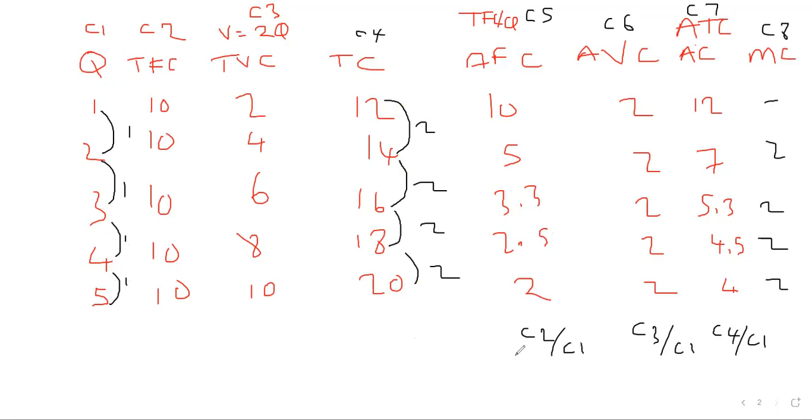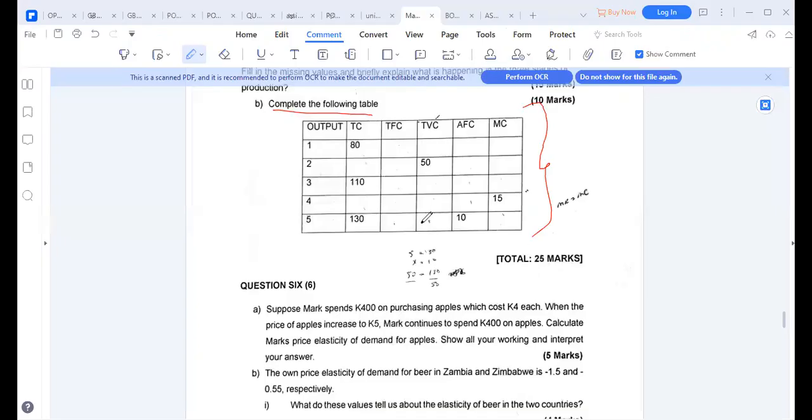Now let me take you to last year's exam paper. This was carrying how many marks? 10 marks. Complete the table. So you need to know the missing figures there. So let's try. How do we find that?